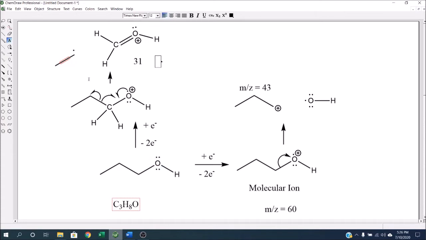Whereas this pathway still produces the primary, but now it's a radical instead of a carbocation. Primary radicals are still not stable, but they are definitely more stable than primary carbocations. So you can make arguments of stability using the same considerations we've been thinking about all semester long to try to predict which degradation pathway is more common.